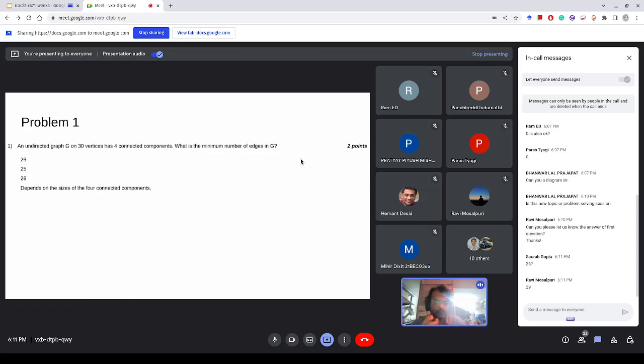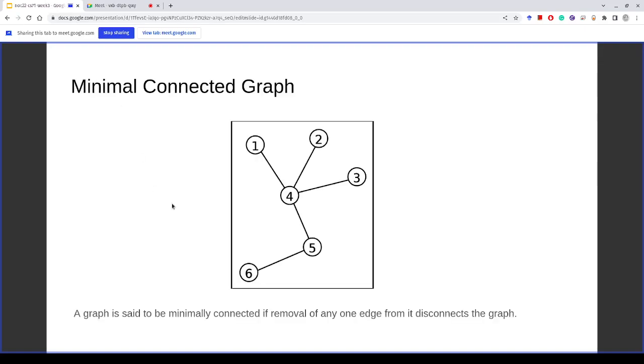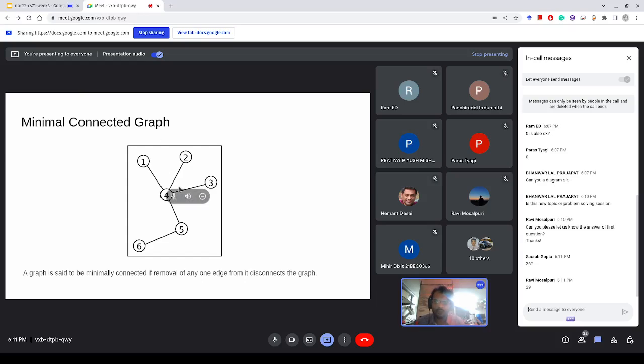So now you know what a minimal connected graph is. If you go back here, you had 6 vertices, and you count the number of edges: 1, 2, 3, 4 and 5. So if you are given 6 vertices and the graph is connected, then the minimum number of edges it can have is n minus 1.